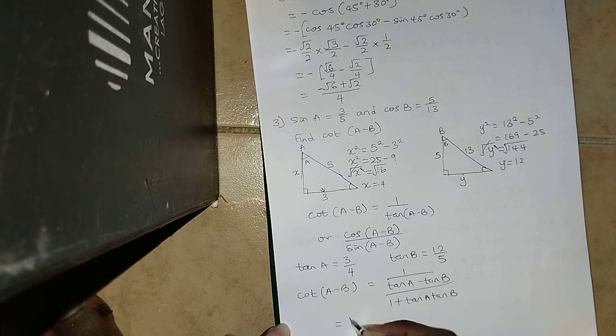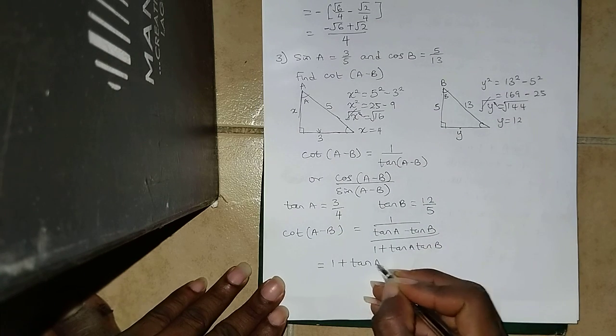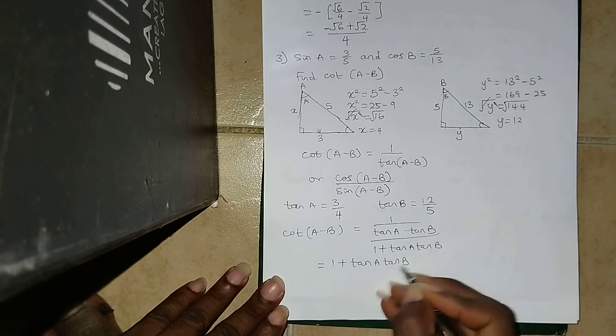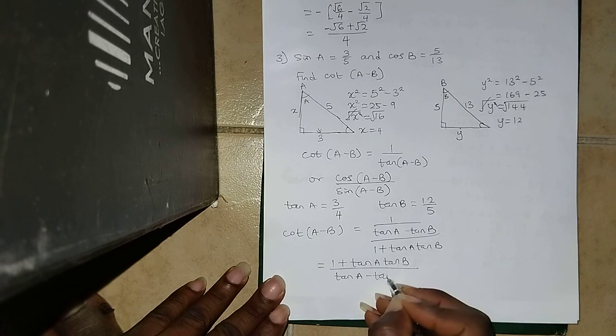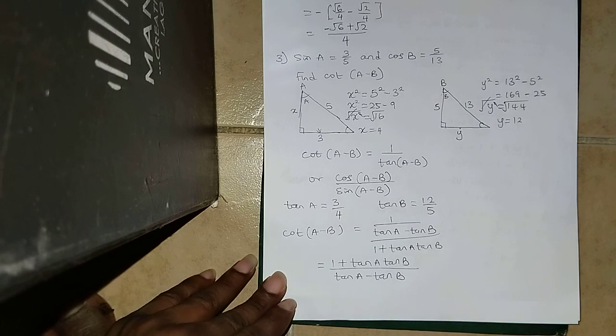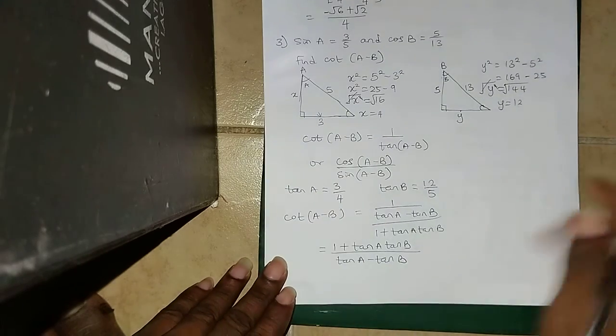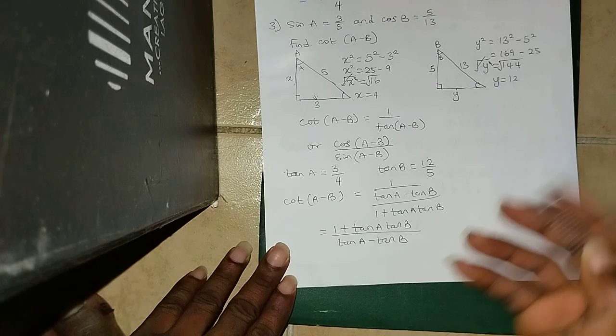So that will be 1 plus tan A tan B over tan A minus tan B. You know how I did that, because of this one, I just interchanged it.